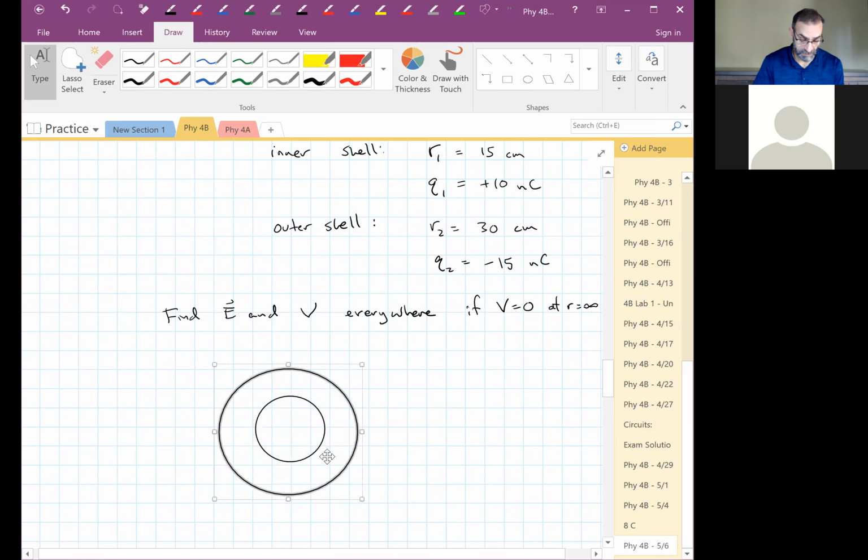Close enough. Okay, something like that, right? Inner shell, outer shell, R1, R2. The inner one has positive charge on it. The outer one has negative charge on it.